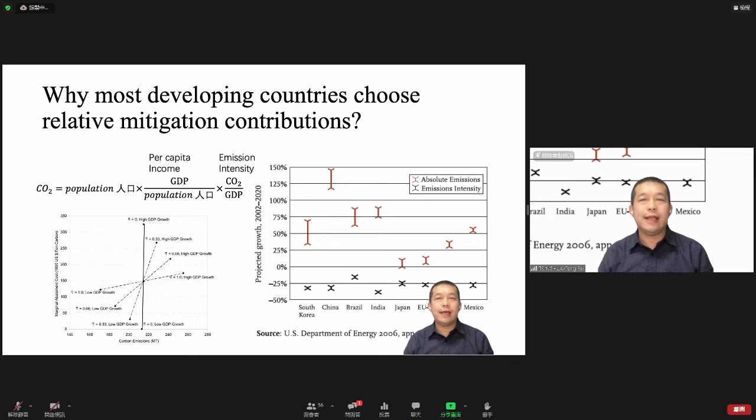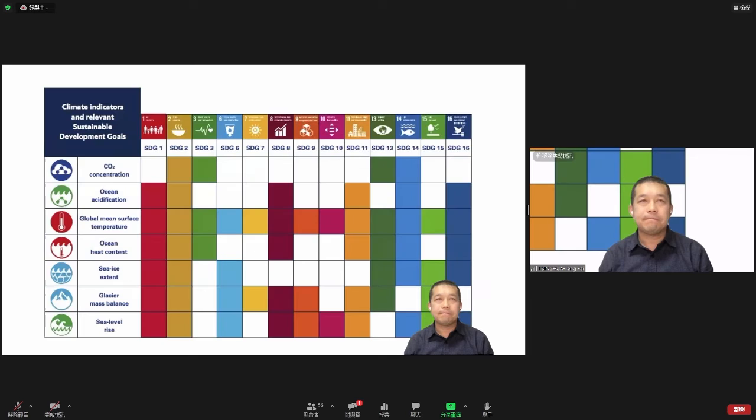That's the basic reason why developing countries prefer a form of carbon intensity or energy intensity instead of absolute emission reductions. So the form of the objective or target has nothing to do with ambition, but only reflects the national circumstances of developing and developed countries.